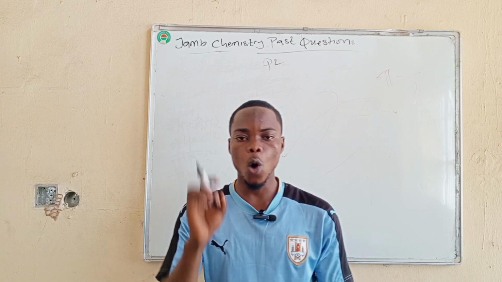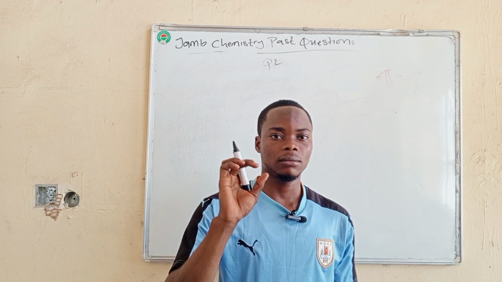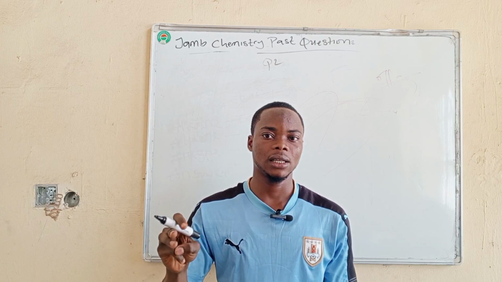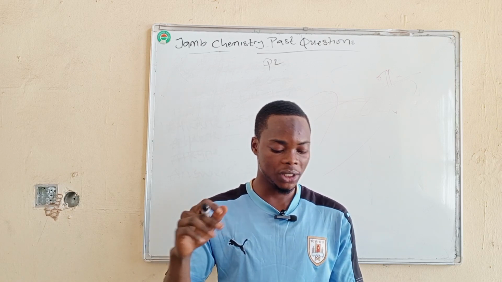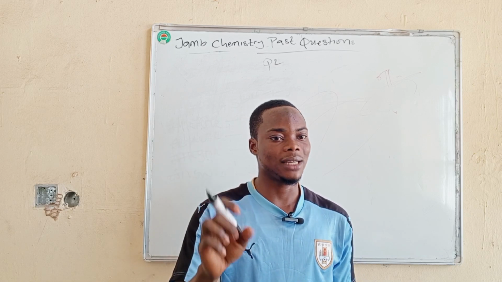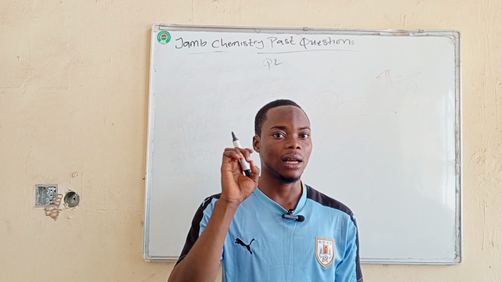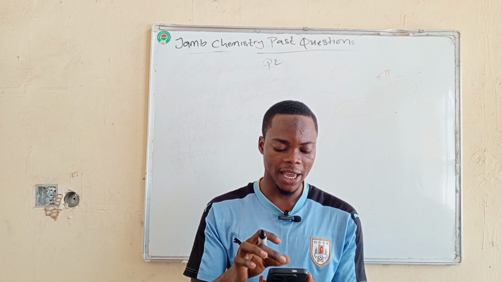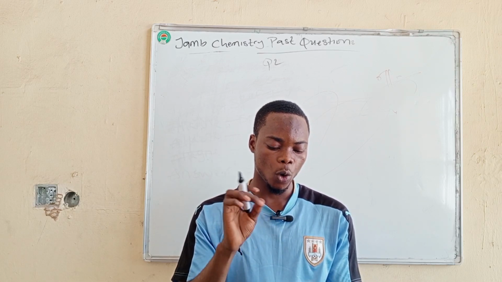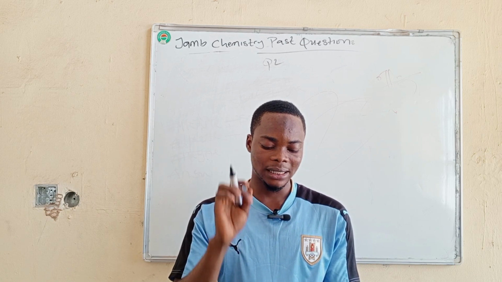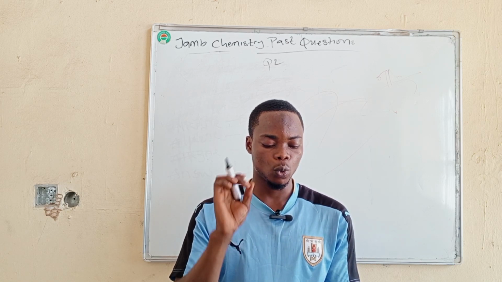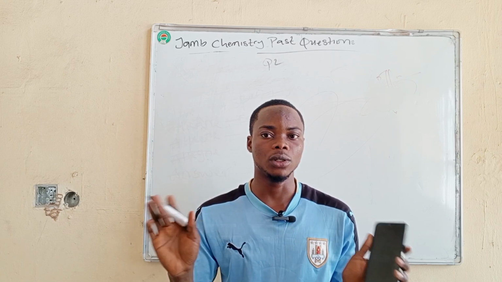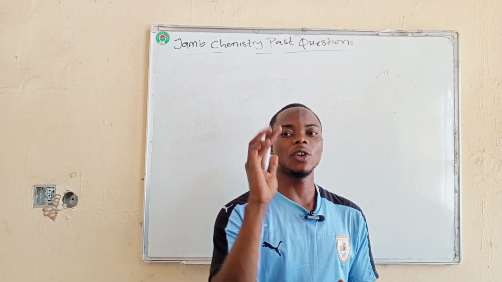But coal is an amorphous allotrope of carbon, while the other two, graphite and diamond, are crystalline carbon. So from the options, the answer to the question is wood. Carbon exists naturally in the combined state as wood. That's all.